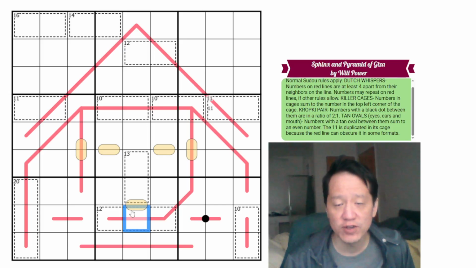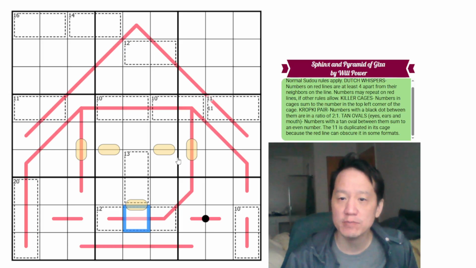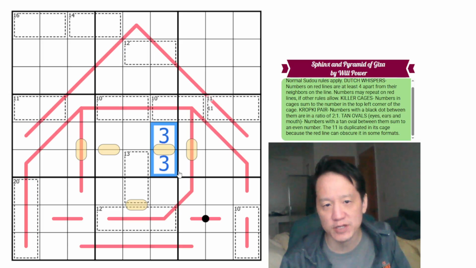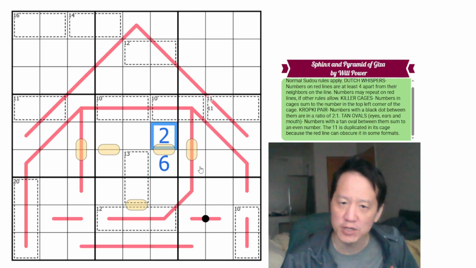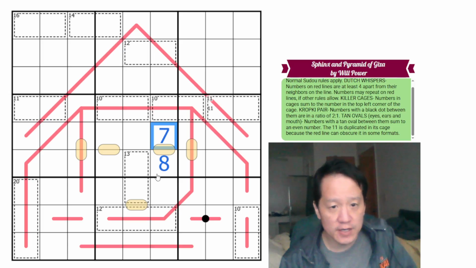Of the Sphinx, where numbers with a tan oval between them sum to an even number. So basically, it just means that these 2 digits have to add up to an even number. An example could be 3 and 5, or 2 and 6, or 2 and 8, 7 and 9.